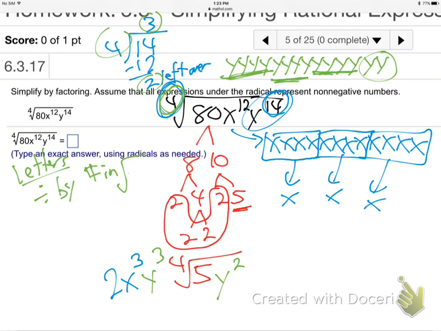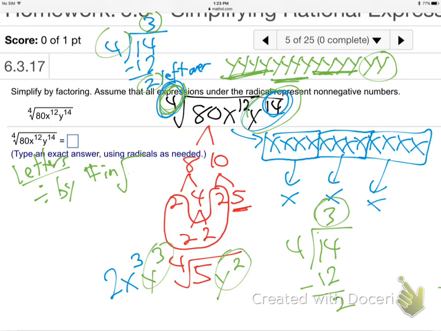So for the y's, you would just take the 14 here and divide by the 4, and that goes in 3 times, 2 remain inside. 3 groups come out, and 2 remain inside. Everybody good with that? No questions?